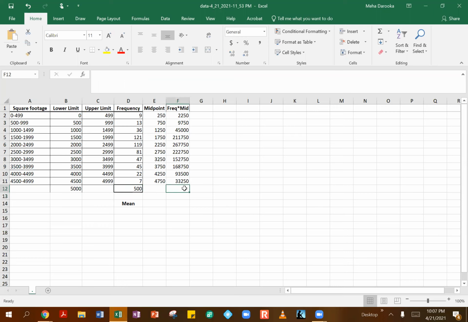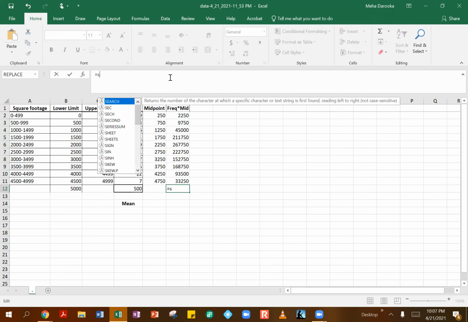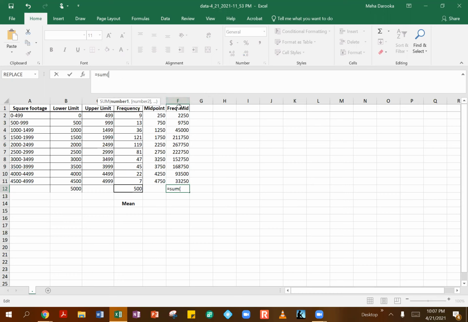So 500. Do the same thing here for the frequency multiplied with the midpoint column. So we'll again add this column. I'll do my sum and then select this column, close parentheses, enter. Now you will see I have the total for my frequency times the midpoint, and I have my total for the frequency column.